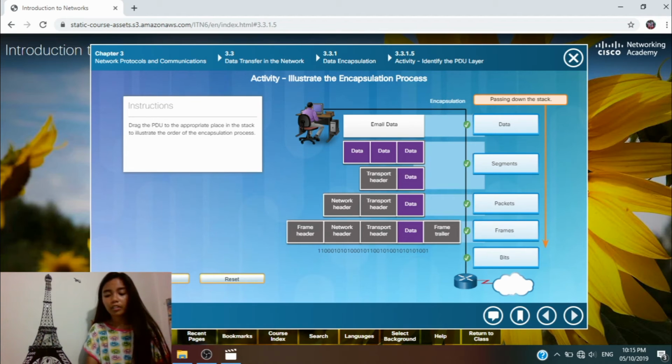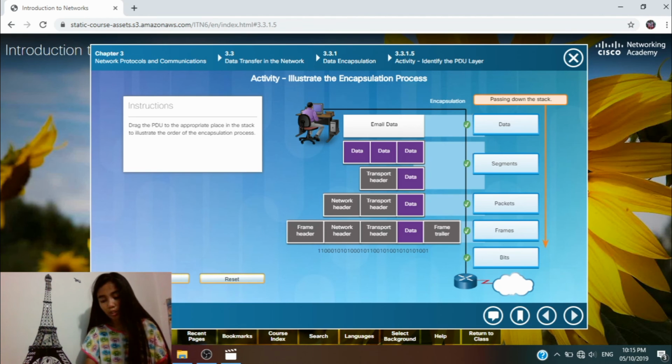So for additional information about the encapsulation process, application data is passed down the protocol stack on its way to be transmitted across the network media.